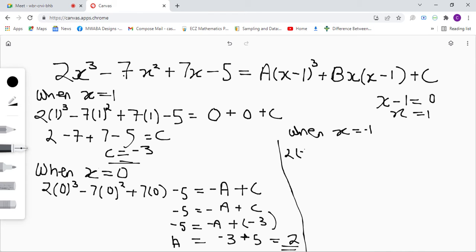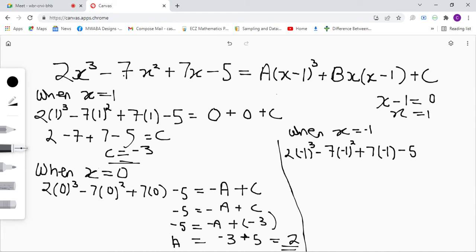2 times negative 1 cubed minus 7 times negative 1 squared plus 7 times negative 1 minus 5, all right?